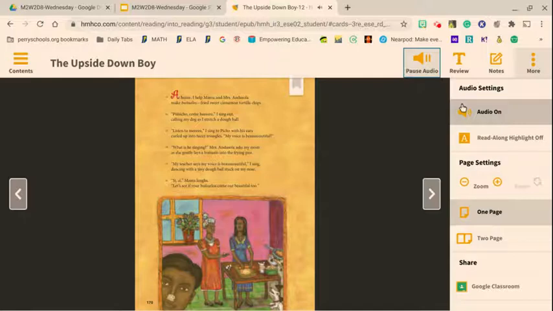What is he singing? Mrs. Andasola asks my mom as she gently lays a buñuelo into the frying pan. My teacher says my voice is beautiful, I sing, dancing with a tiny dough ball stuck on my nose. See, Mama laughs. Let's see if your buñuelos come out beautiful too.